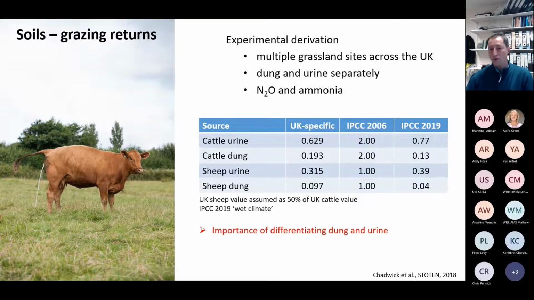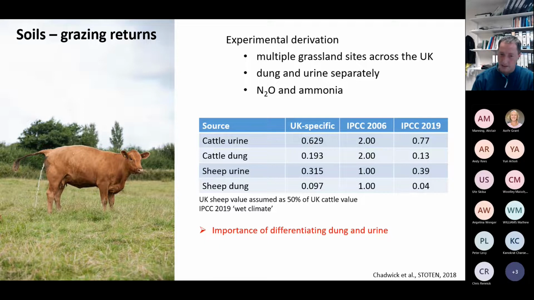In terms of sheep, we've taken the IPCC guidance in that the values for sheep are about 50% of the values for cattle. We don't have many measurements for sheep. We just assumed a 50% reduction compared with the cattle values. And again, we're broadly in line with the proposed 2019 values.